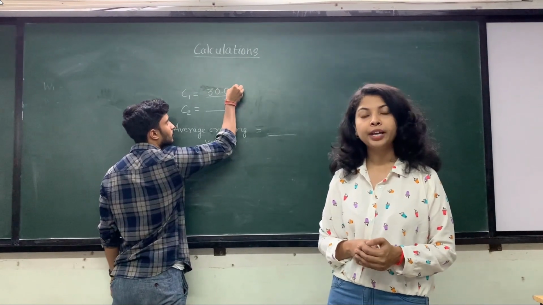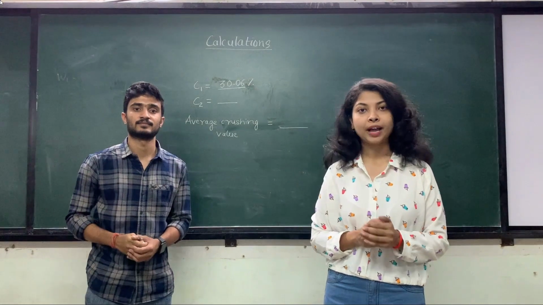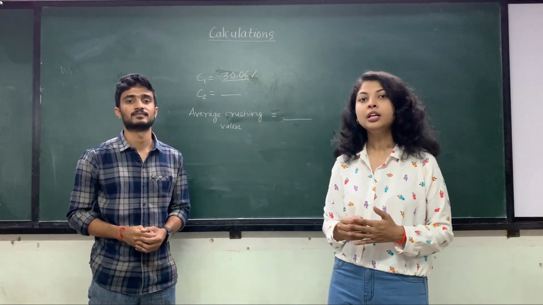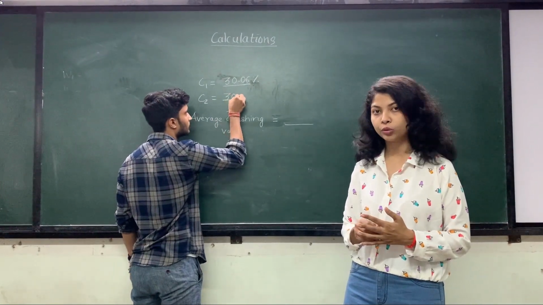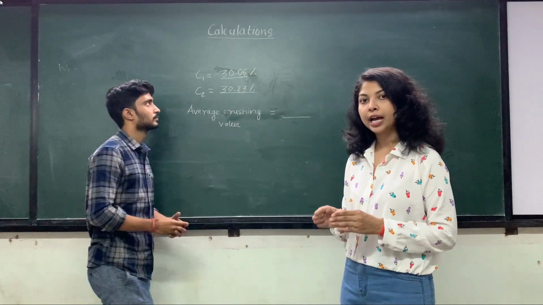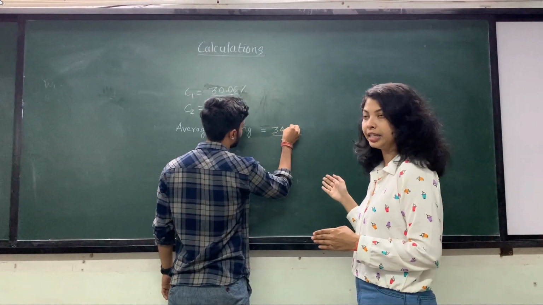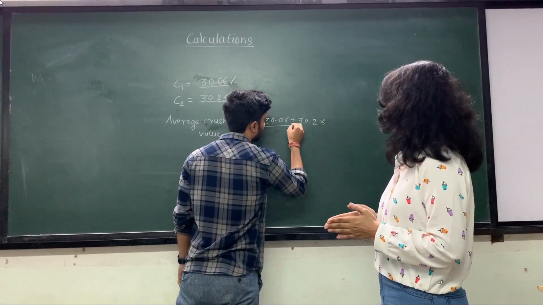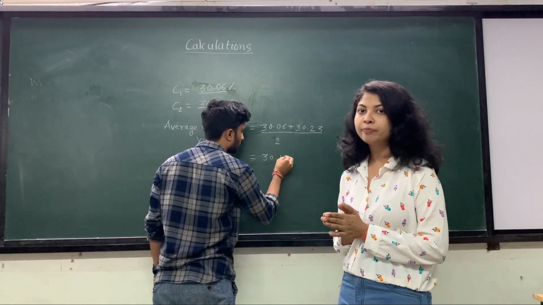According to the IS code, we have to take values of two such samples for the final value. So we repeated all the procedures on the second sample, and the value we got is 30.23%, which we denote by C2. The IS code tells us to take the average of C1 and C2, which we got as 30.145%.